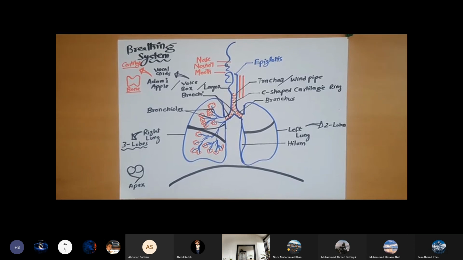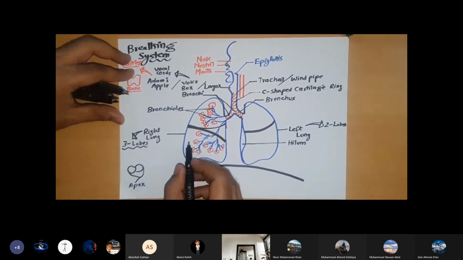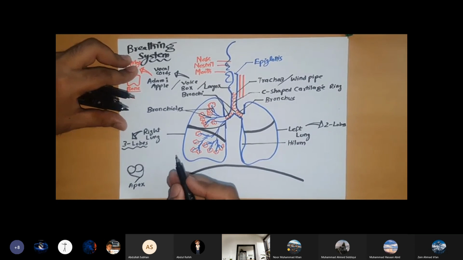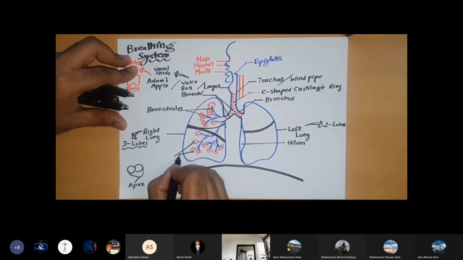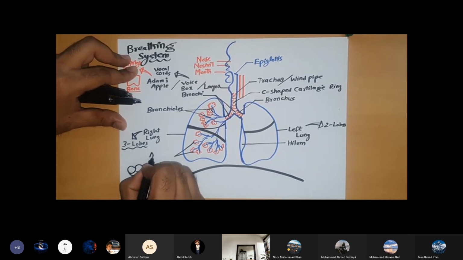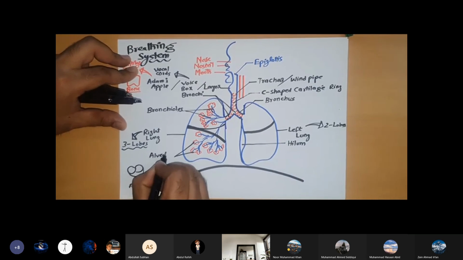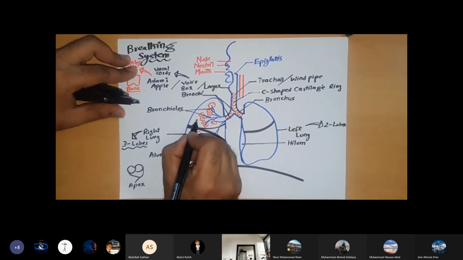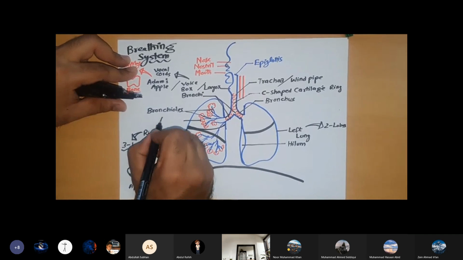These are called alveoli. In some books the pronunciation is mentioned differently, but the most acceptable pronunciation is alveoli, and the singular is alveolus.